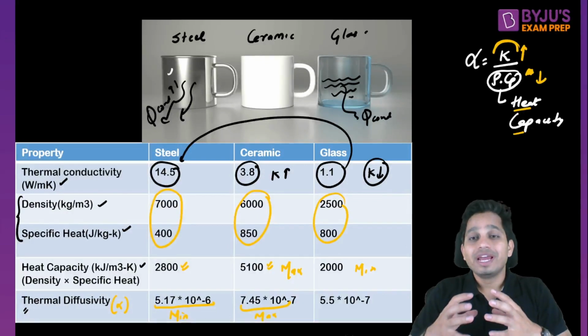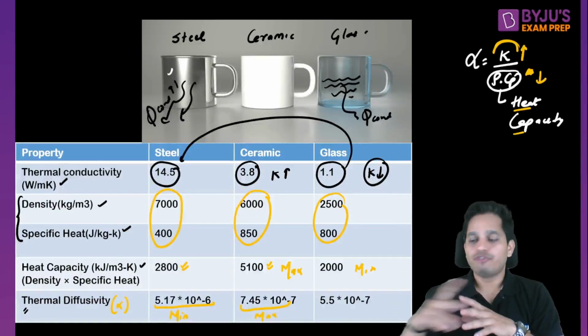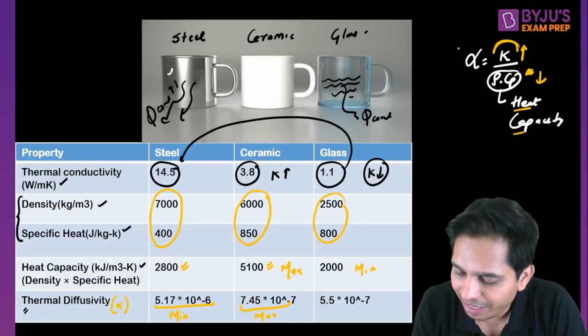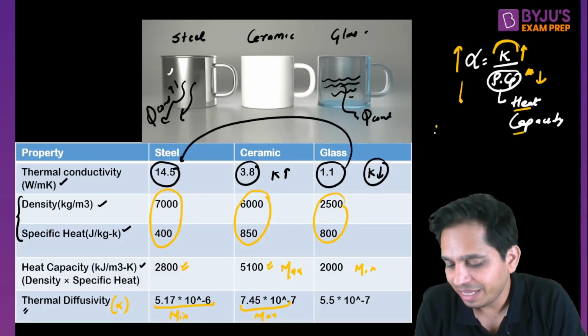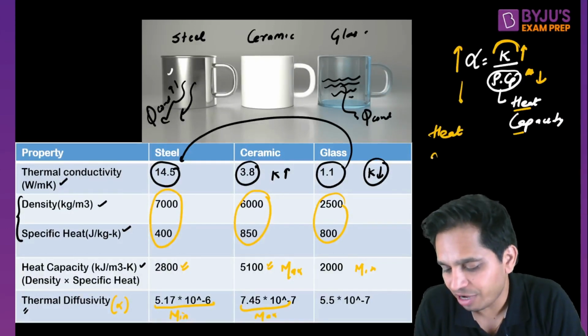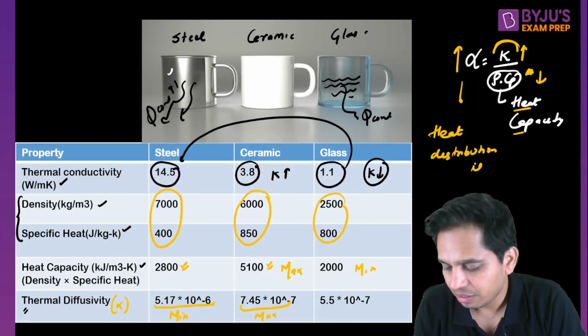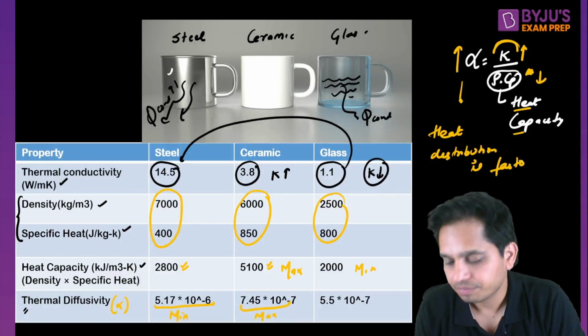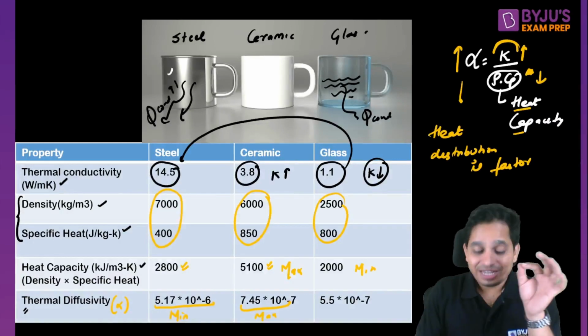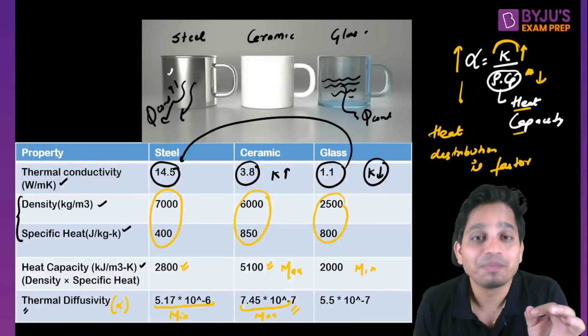And also it is distributed very fast. So if alpha is higher, heat distribution is faster.